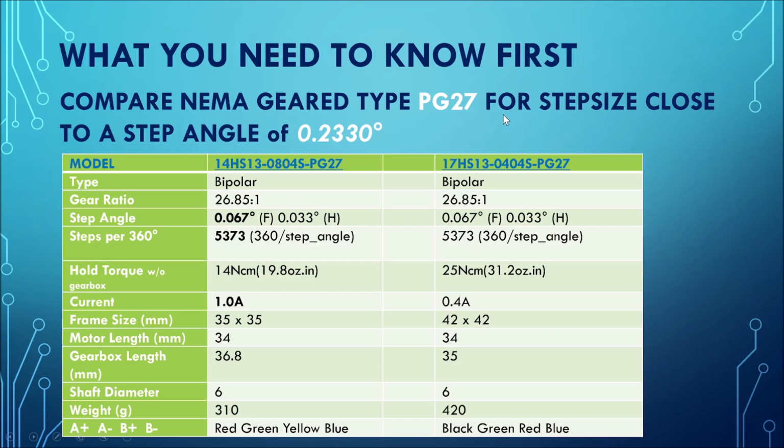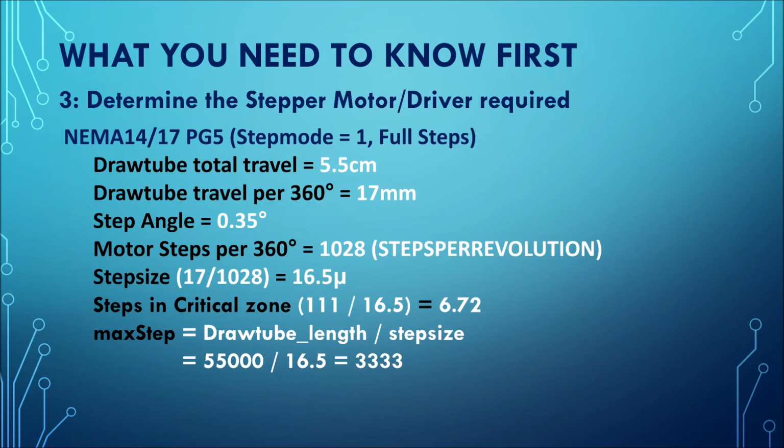I showed you the PG14 and 27 because if you've got a very fast scope, with a focal ratio of 2, well, definitely less than 6, the step angle that you're going to require gets lower and lower as the focal ratio comes down. When you get down to F2, you are really starting to get things within this range. So that's why I put it in here.